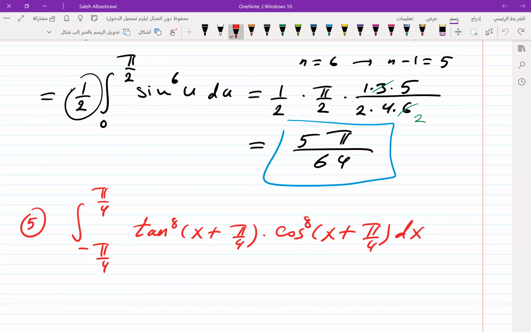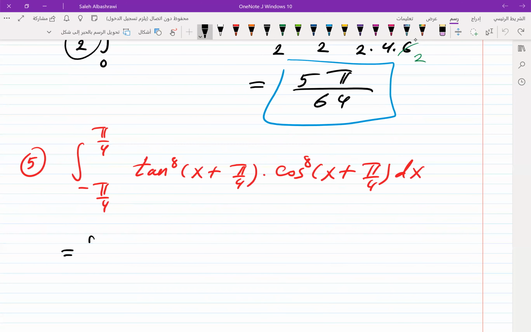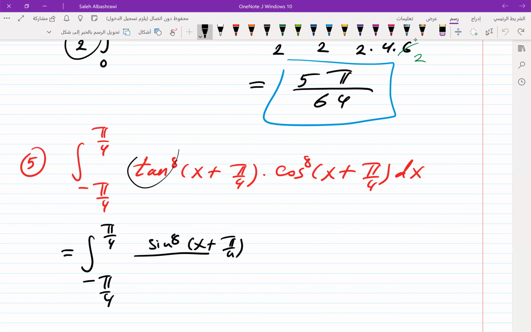First of all, let's try to simplify this integration. Minus pi over 4 to pi over 4. We know that the tangent can be written as sine to power 8 of (x plus pi over 4) divided by cosine to power 8 of (x plus pi over 4).